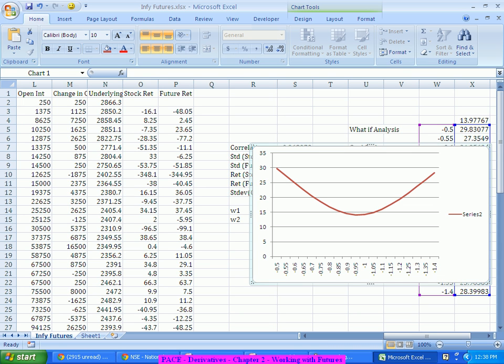Right? So the hedge ratio is a very, very important aspect as far as futures transactions are concerned, because for that matter in any derivative transaction, what is the hedge ratio? Because the major thing we are after by getting into this transaction is that I should be able to reduce the risk.